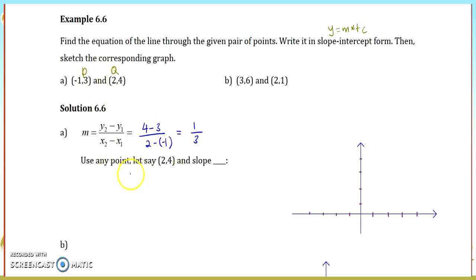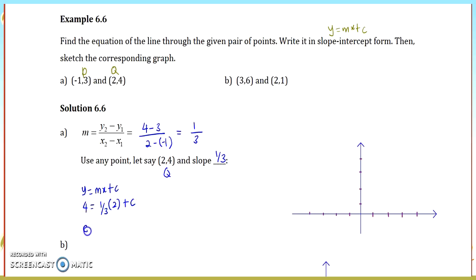Now use any point. Let's say we select point Q and slope 1 over 3. By using the slope-intercept form, y = mx + c, substitute y from the coordinate of point Q, which is 4, equals 1 over 3 times x, which is 2, plus c. So we just need to find the value of c.